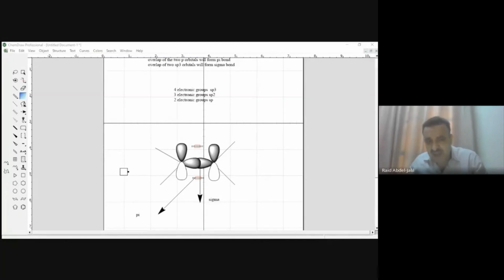The pi is the interaction of the electrons above the plane and below the plane, which means that the electron density will be above the axis of the two nuclei and below it. So the sigma is always a head-to-head interaction, which is a very strong interaction, while the pi is a side-to-side interaction, which is a weaker overlap, and thus a weaker interaction.